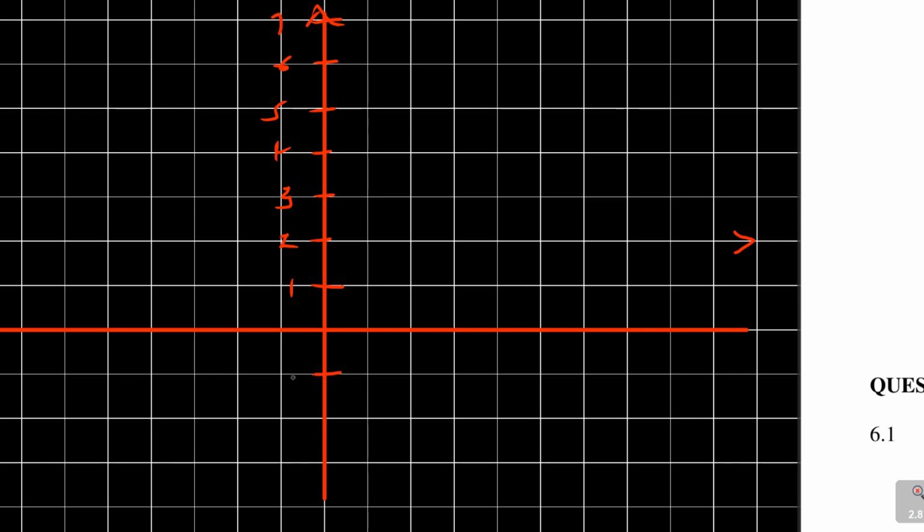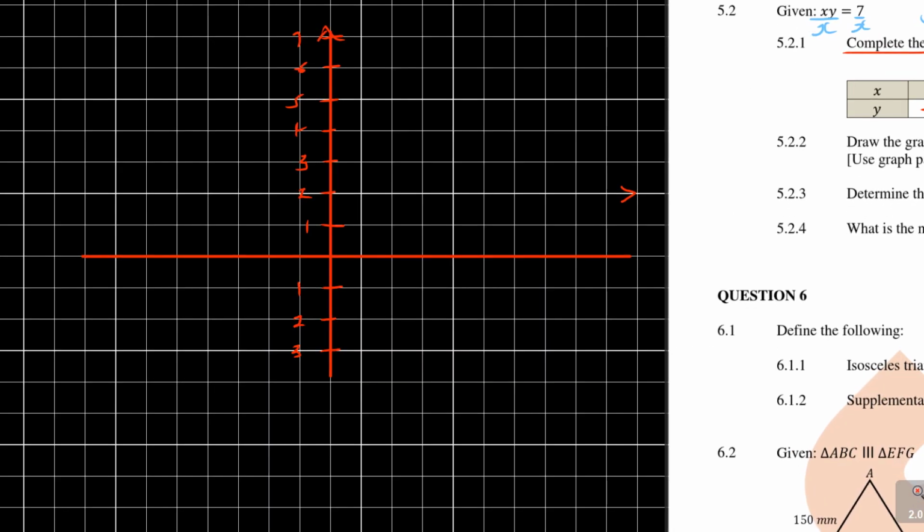Then I must go down again, 1, 2, 3, 4, 5, 6, and 7. Remember, this side is negative, down. And on the x it's also 1, 2, 3, 4, 5, 6, 7, and here it's 1, 2, 3, 4, 5, 6, 7. I'm just doing it like this, but in the exam you need to write everything.